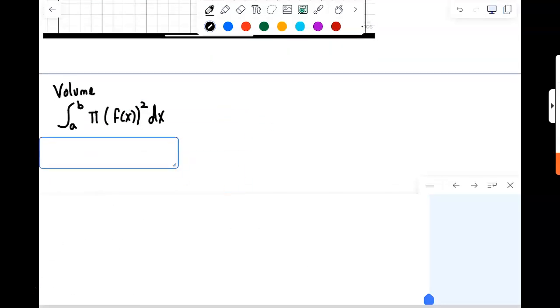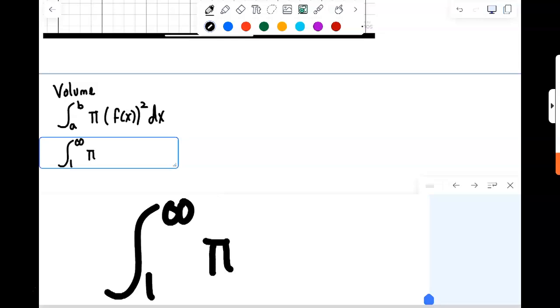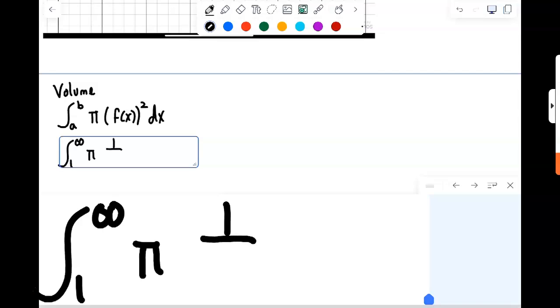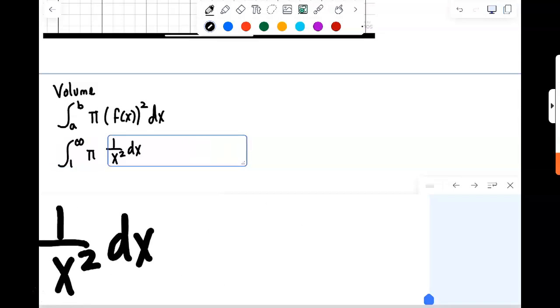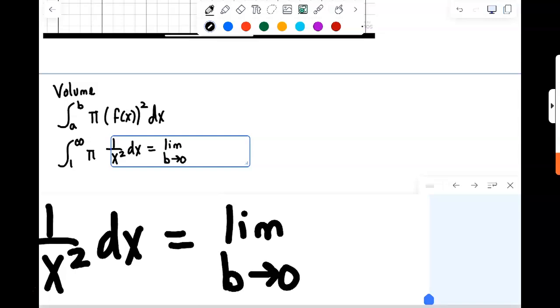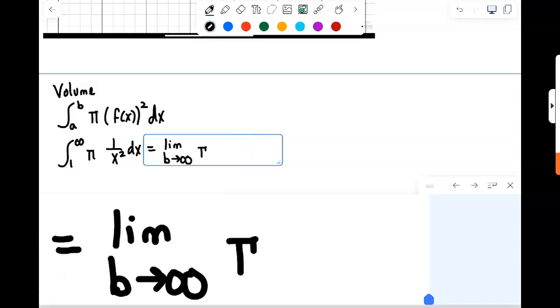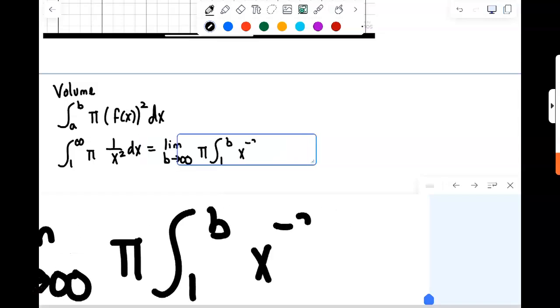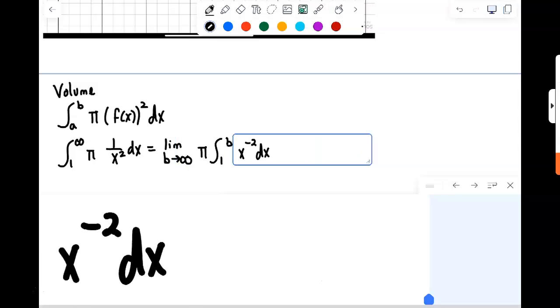So in our case, we would be dealing with the integral from 1 to infinity of pi times 1 over x squared dx, which we can now, of course, write out as the limit as b goes to infinity of pi times the integral from 1 to b of x to the minus second dx. We can very easily work out this integral.